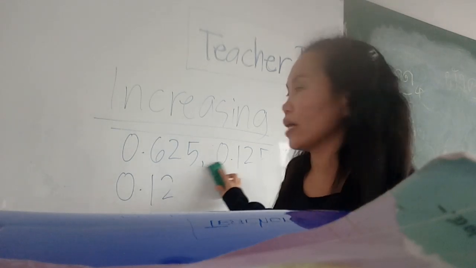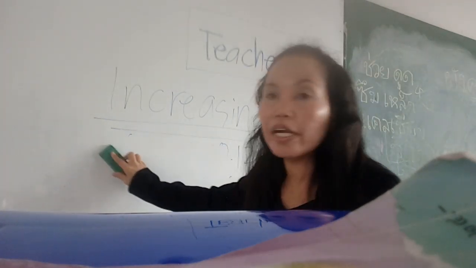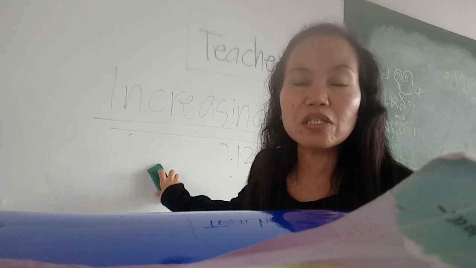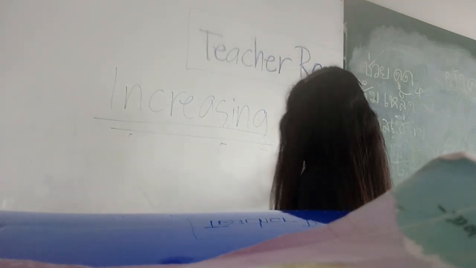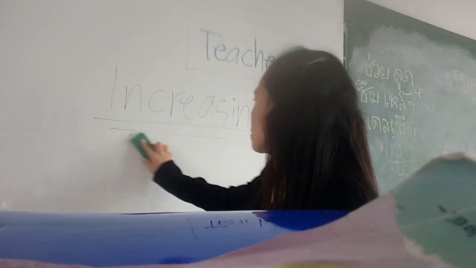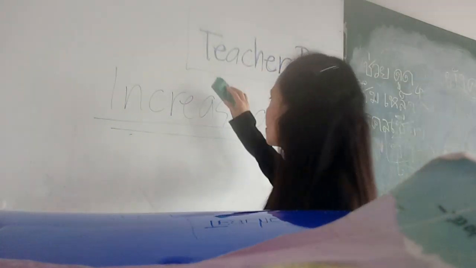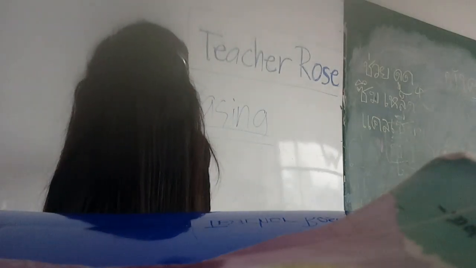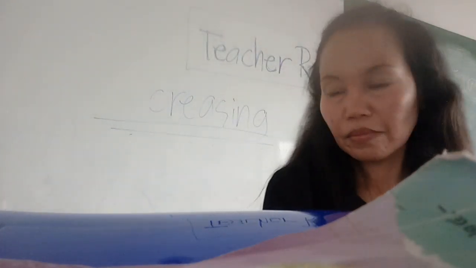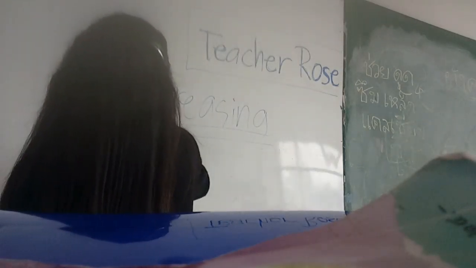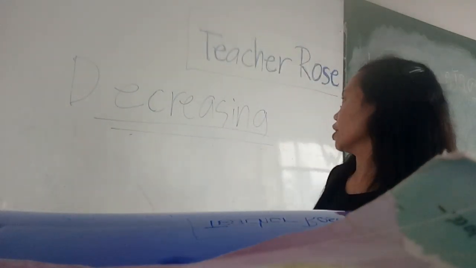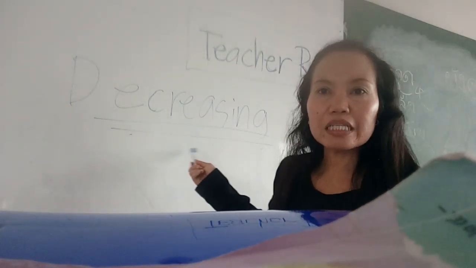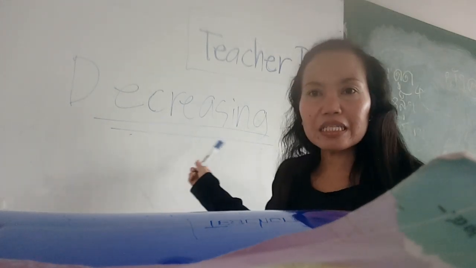Now, this time, class, we're going to learn about how we're going to arrange the decimal numbers into decreasing order. Decreasing. Everybody? Decreasing.